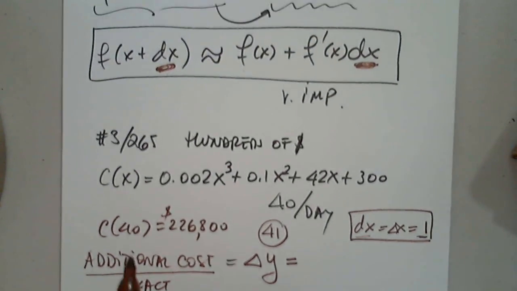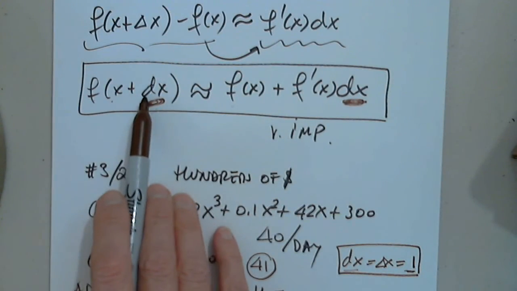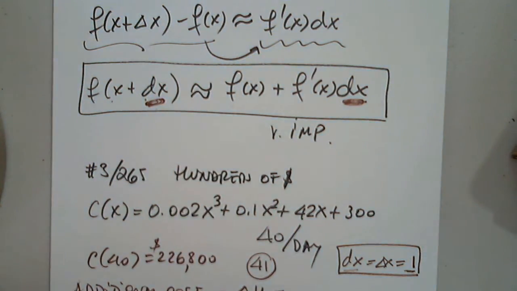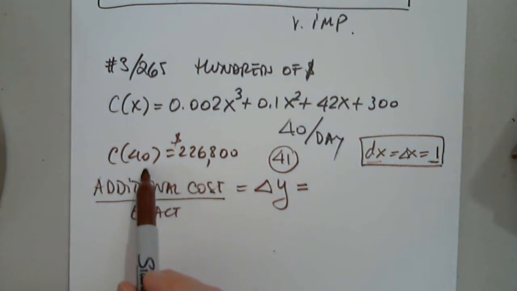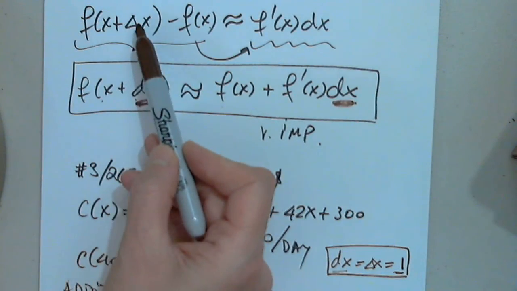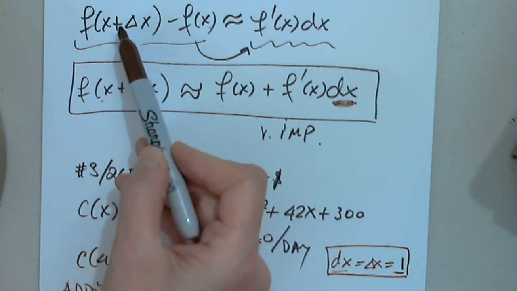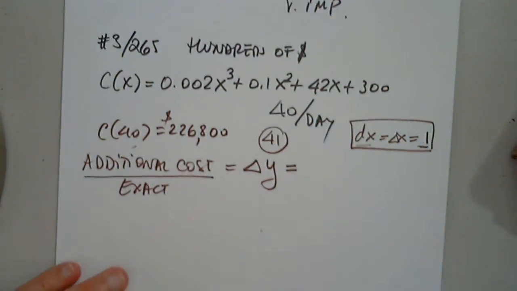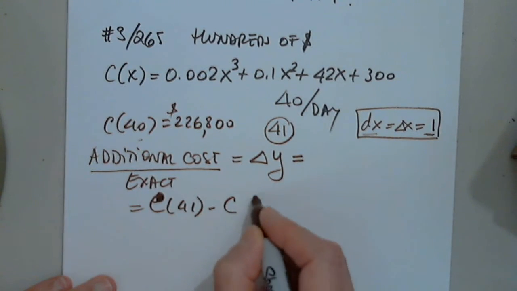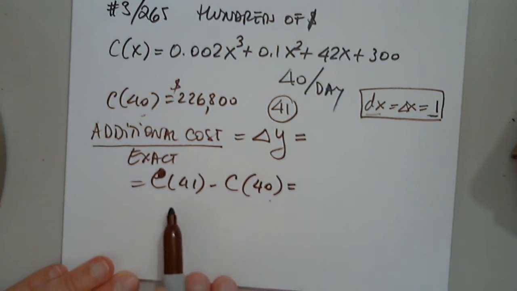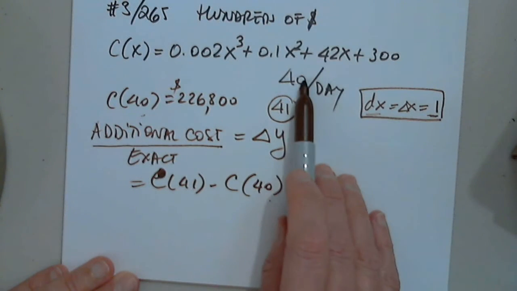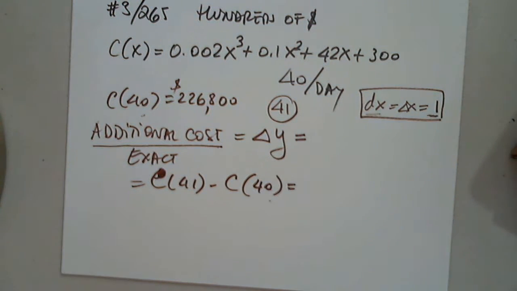Since I'm asked for the exact, I have to find f of x plus dx minus f of x. I already have f of x. That's my f of 40. But I want to find f of 41, 40 plus 1. So then I have to find cost of 41 minus cost of 40. This will be the additional cost if I decide to produce not 40 per day, but 41 per day.